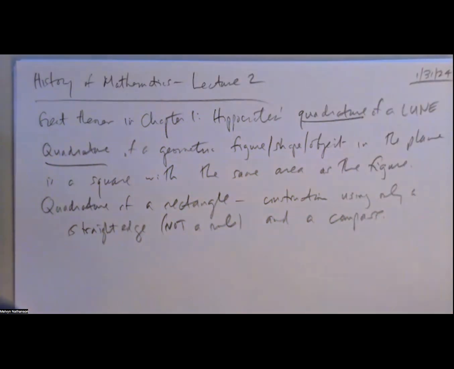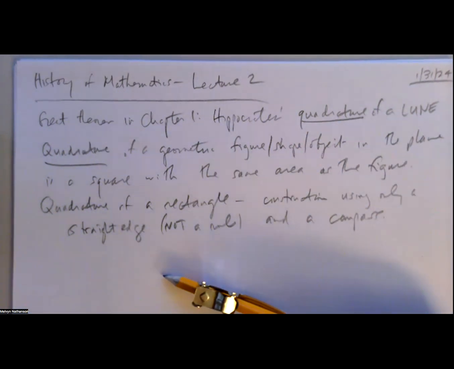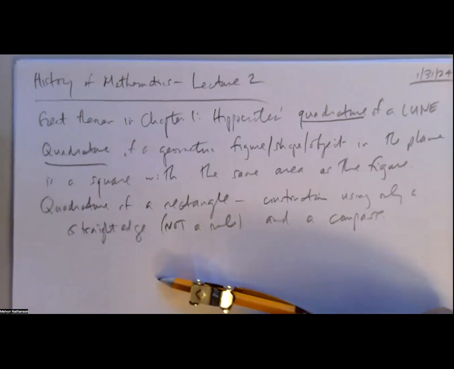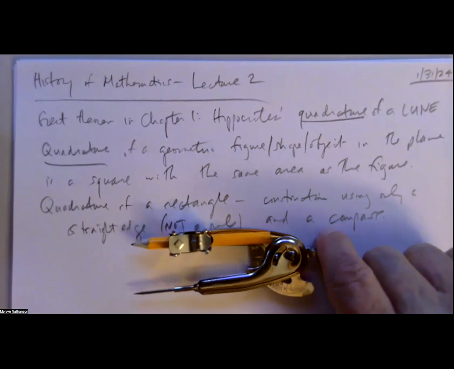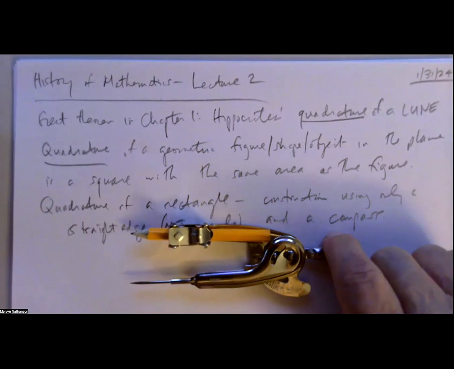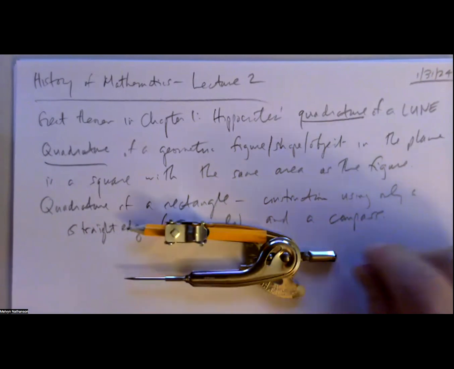So it's fun if you can actually do these constructions at home on a piece of paper, and of course you need a compass. And as I put into the notes on Blackboard, you can buy a compass from Staples or from Amazon for $2.59.